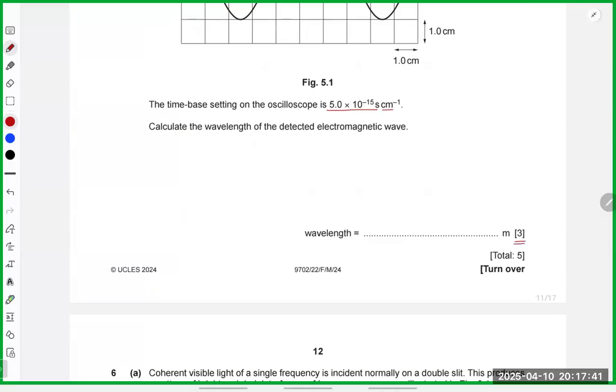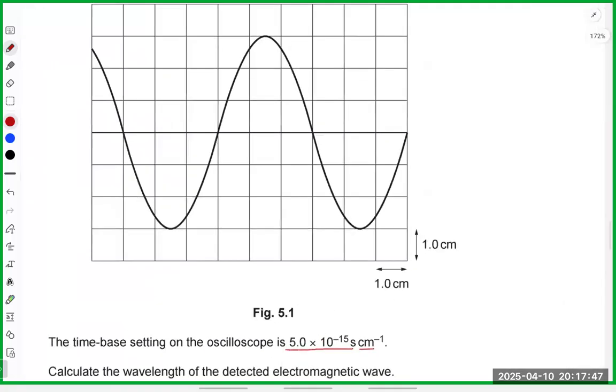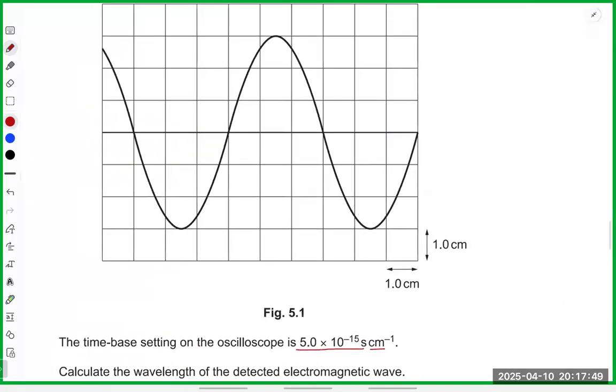This is why there are 3 marks, because there will be a double calculation. First, you have to find the time period. I'm starting from this point here. Where do you think one complete wave is made? Here. Now, how many boxes are there?